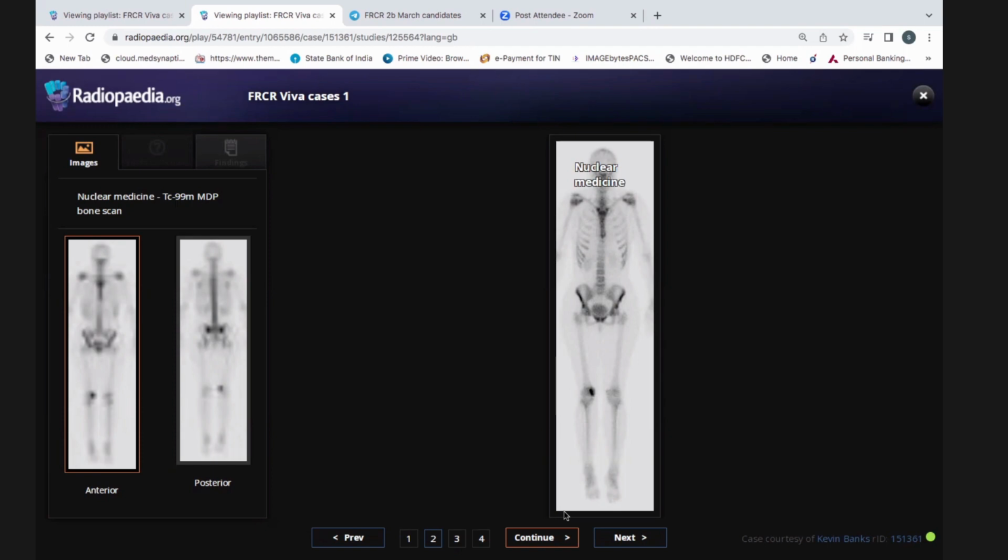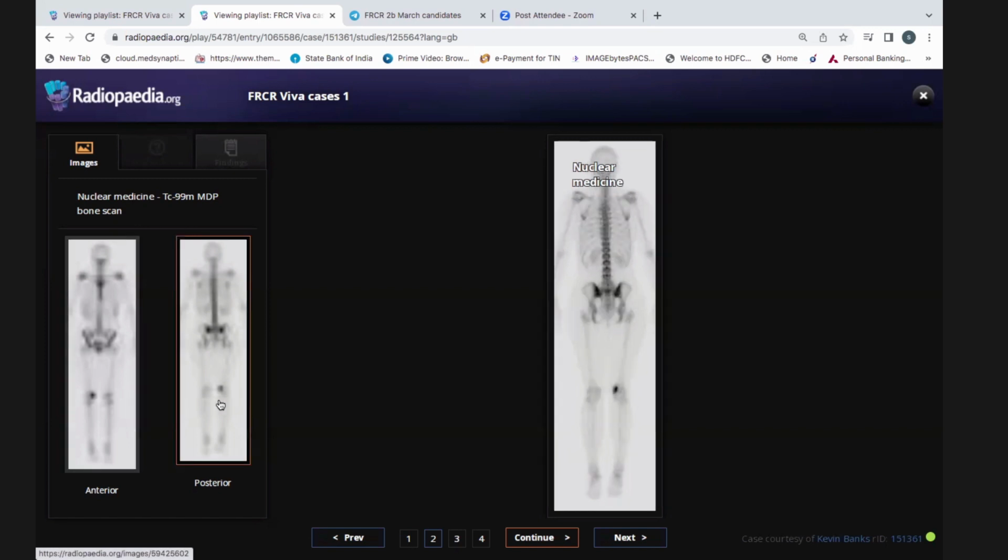Otherwise, there is focal increased uptake at the medial aspect of the distal femur, with no other definite bony uptake. I can check posteriorly, which confirmed the same. In my routine practice, I'm checking a radiograph of the same patient to correlate.